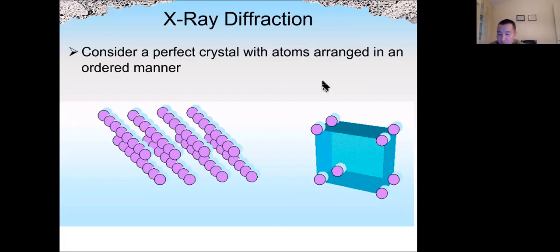If that phase is crystalline, then the distance between certain atoms will be fixed for a certain type of material. For example, the distance between these two atoms will be fixed.